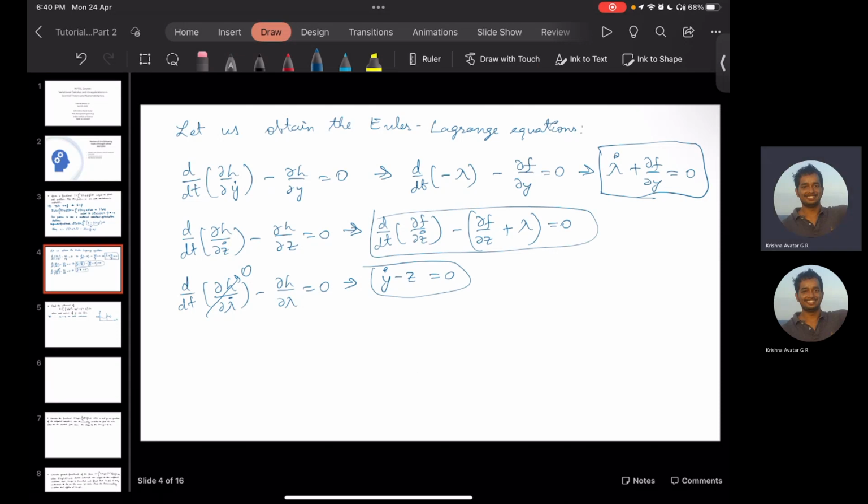Okay, now you'll ask how is it related to the previous Euler-Lagrange equation, isn't it? You can clearly see from here, let me name these equations 1, 2, and 3.